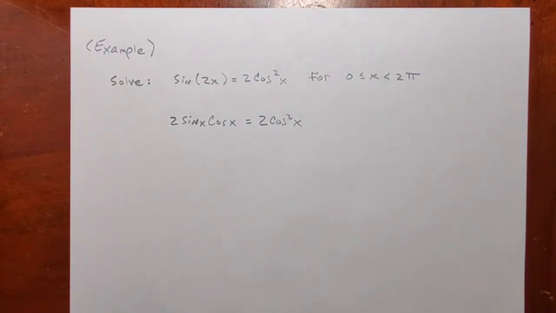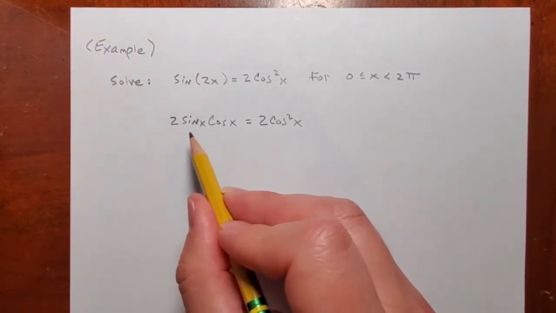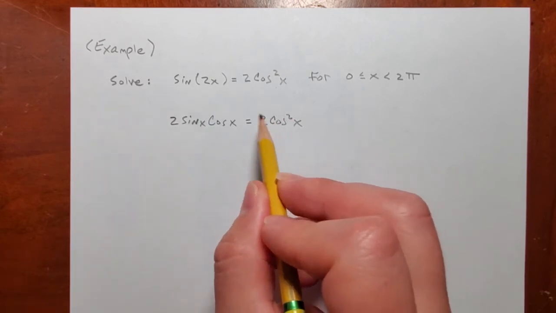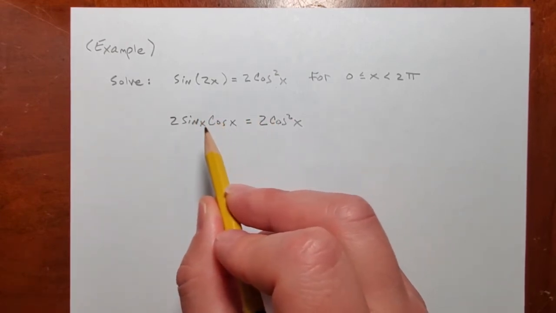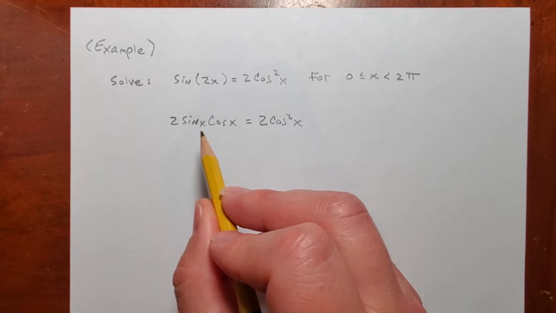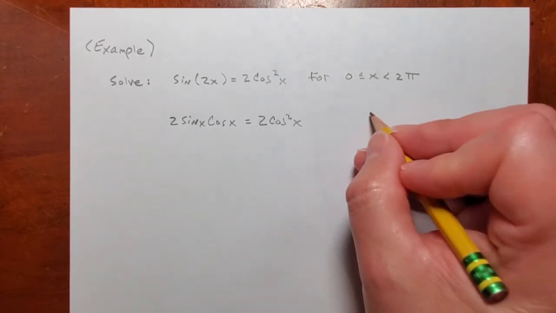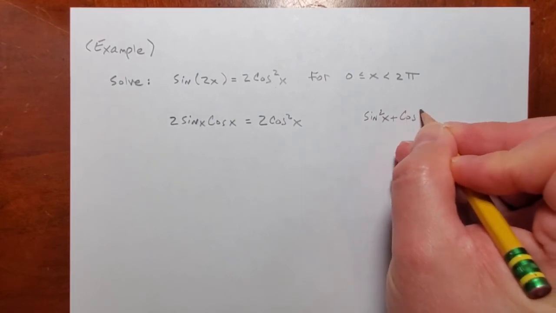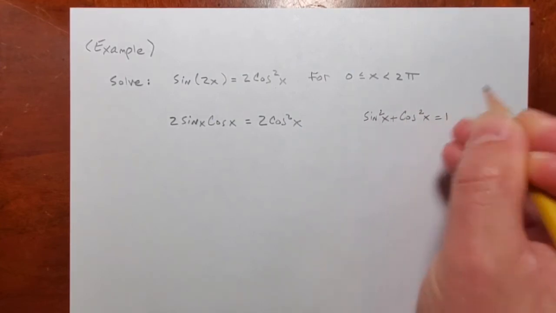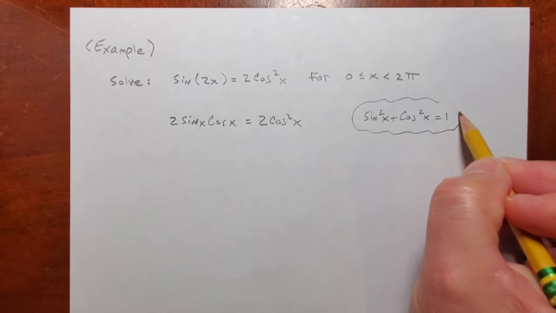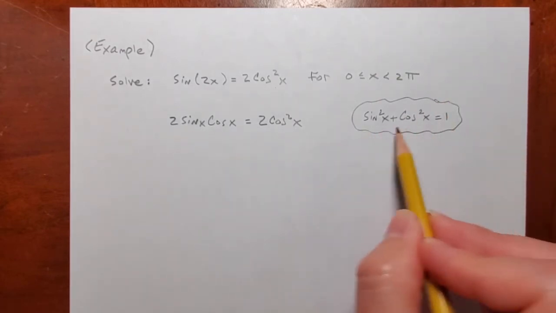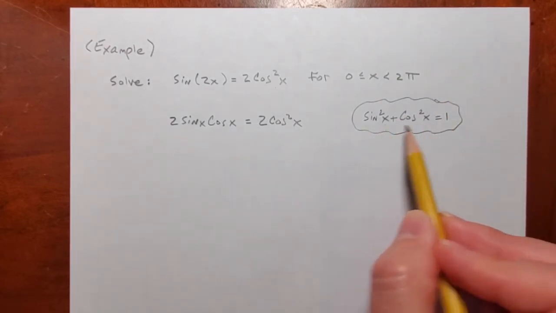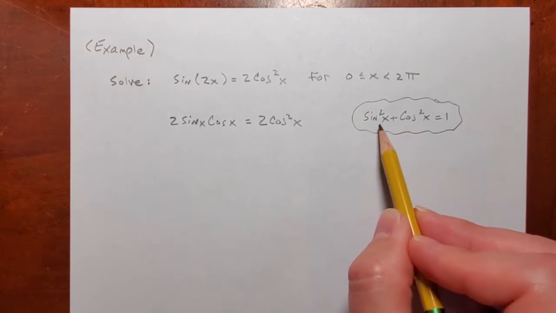All right. Now, if I could get sine squared and cosine squared, I could use the Pythagorean identity, which is that sine squared plus cosine squared is 1. If I could get everything to be squared somehow, then I can use this identity to turn cosines into sines.